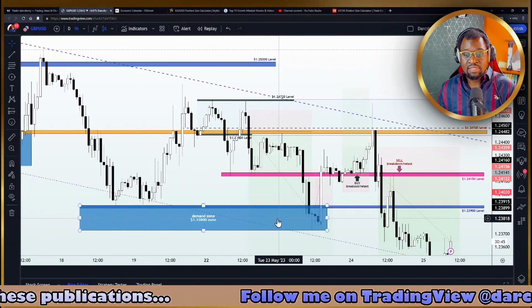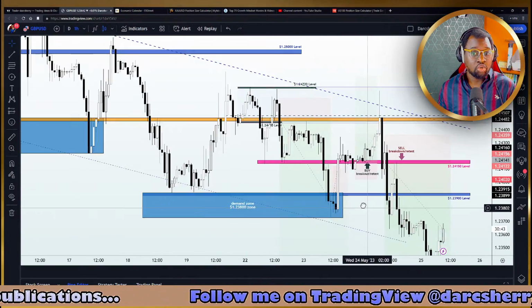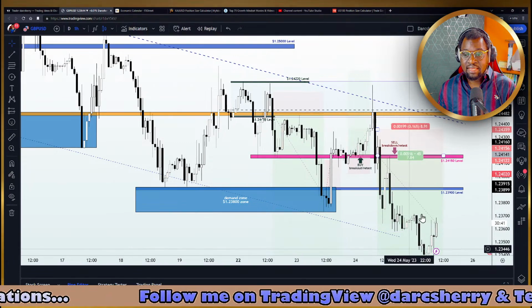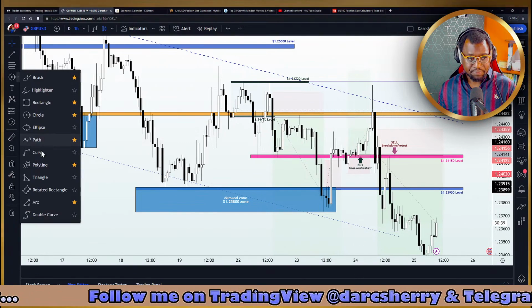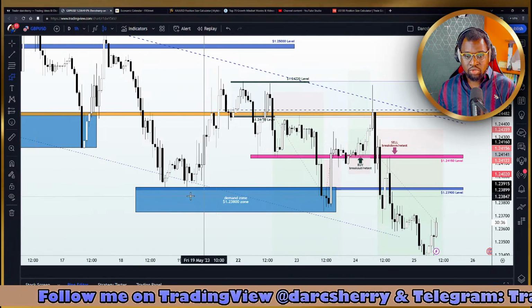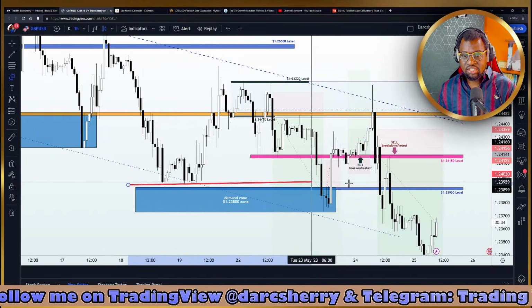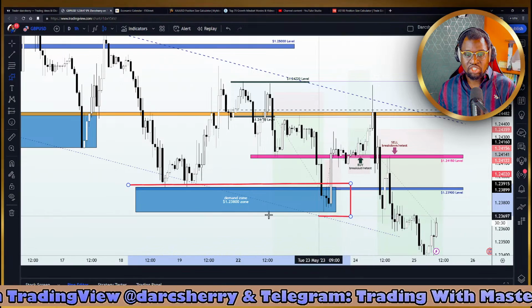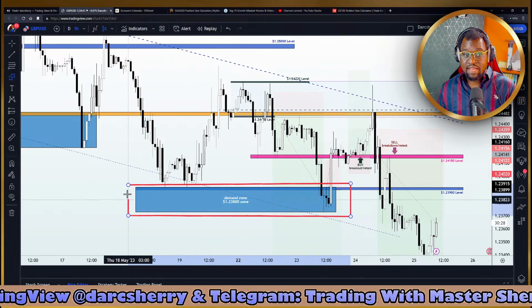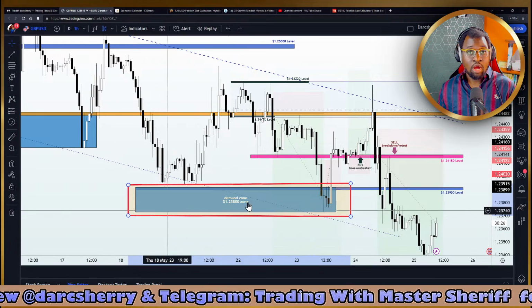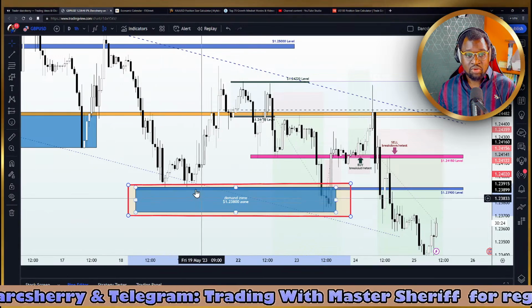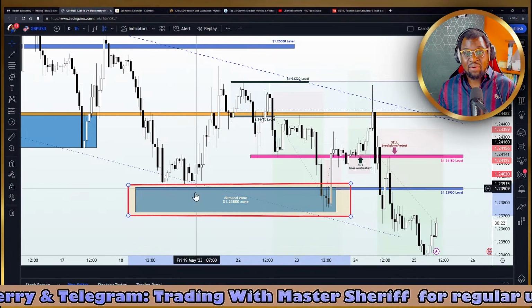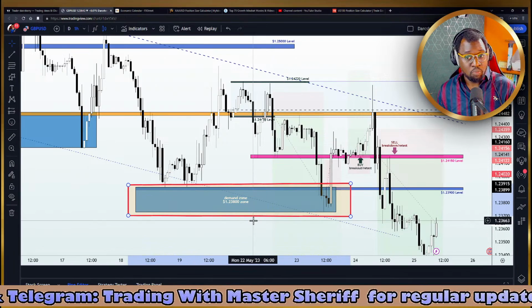And one thing we observed during the New York session on Monday was the fact that as soon as price action got into the 1.23900 area, we saw another engulfing bullish candle to confirm that we are within a very strong buyer's territory. And as you can see, since last week, we saw how that area had been a strong buying niche.